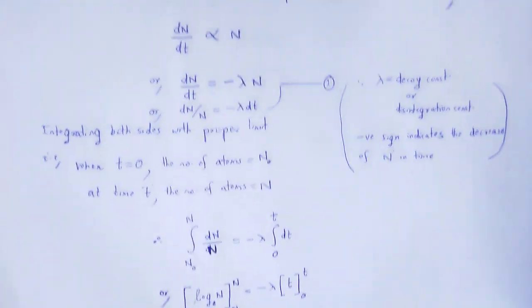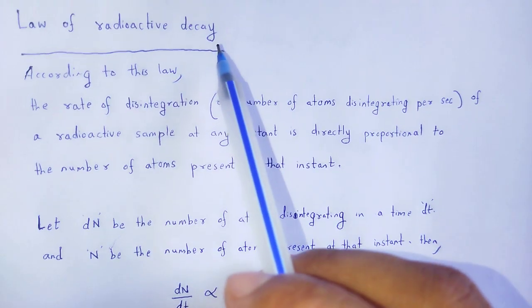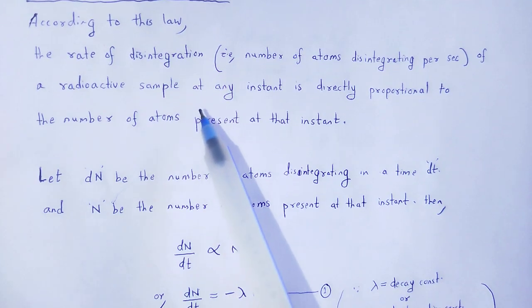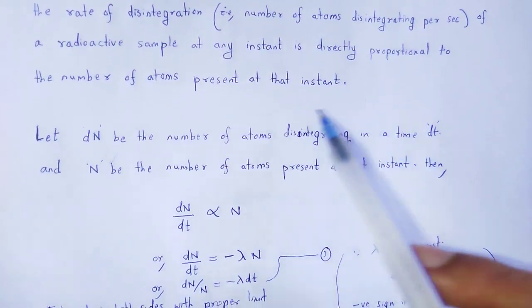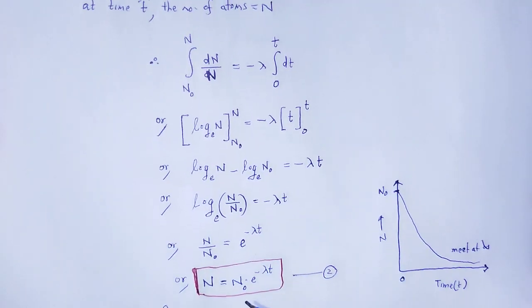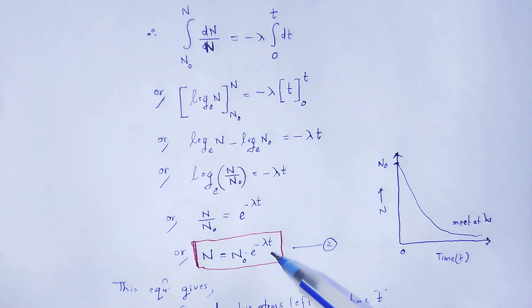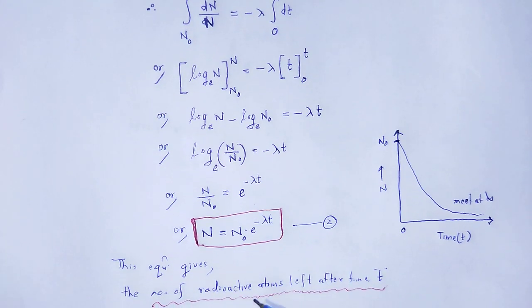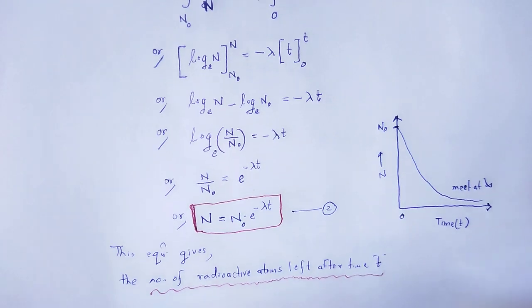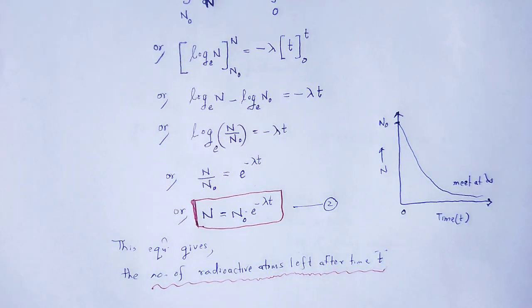This is the law of radioactive decay. The rate of disintegration of a radioactive sample at any instant is directly proportional to the number of atoms present at that instant. Mathematically, N is equal to N naught e to the power minus lambda t, that is the number of radioactive atoms left after time t. Graphically, we show it.